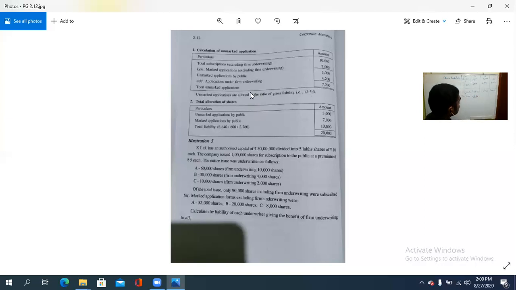Then 5,000 divided by 20,000 into 7,200, 1,800. Then 3,000 divided by 20,000 into 7,200, 1,080.